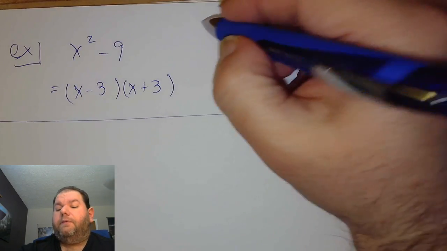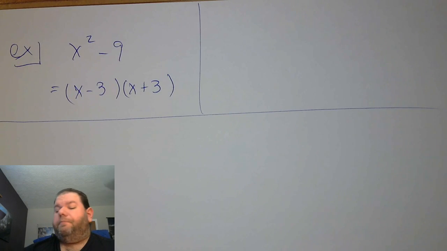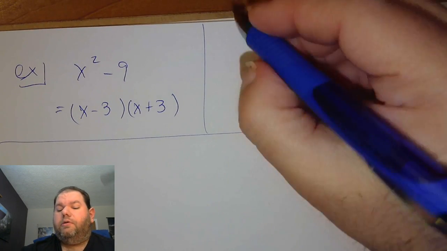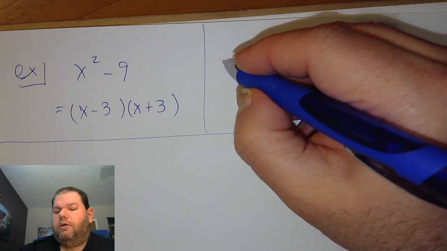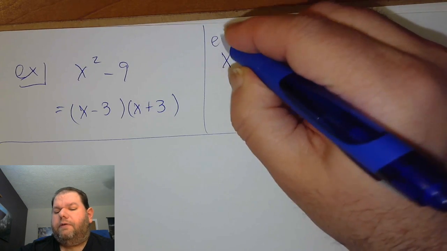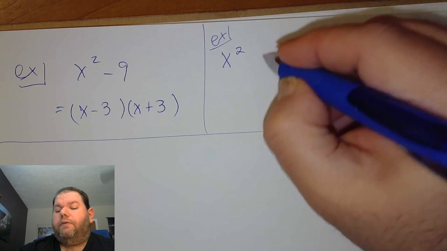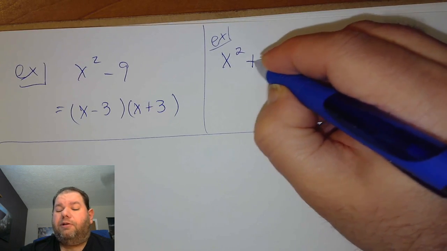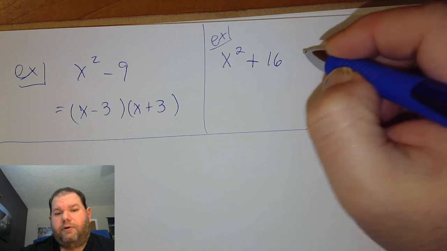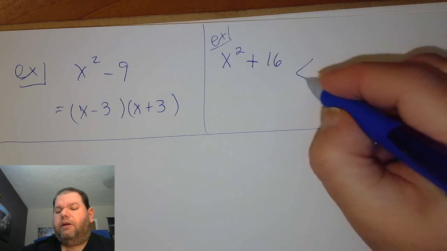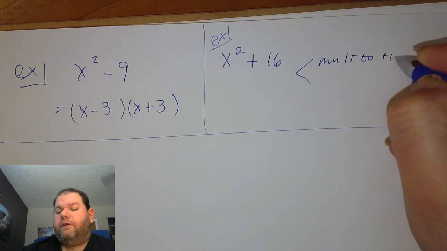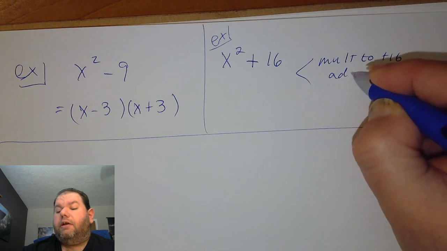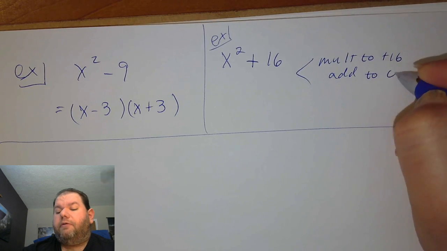Well, I could probably use this space over here. What if we have, that's another example, what if we have x squared plus another square, 16? Can we think of two numbers that multiply to a positive 16 and add up to 0?